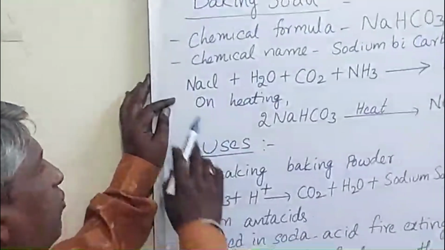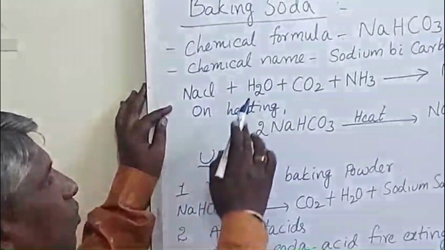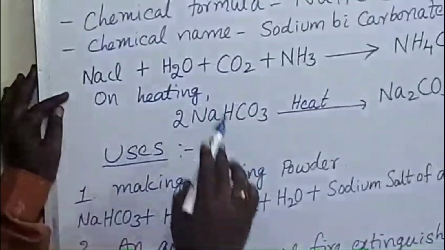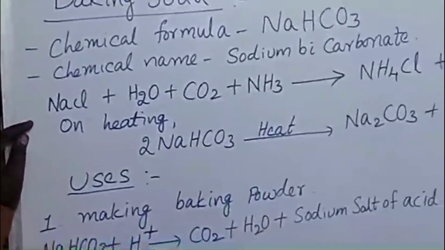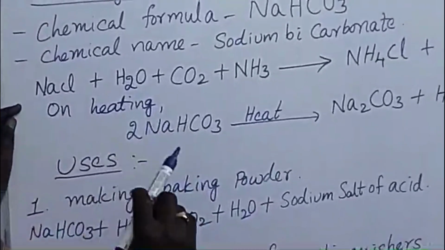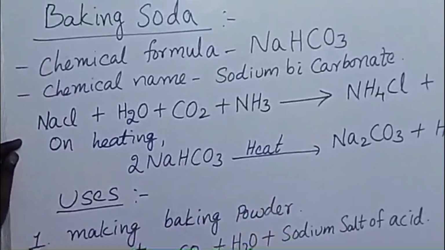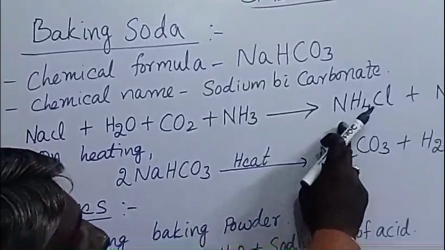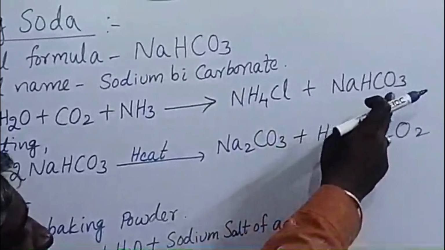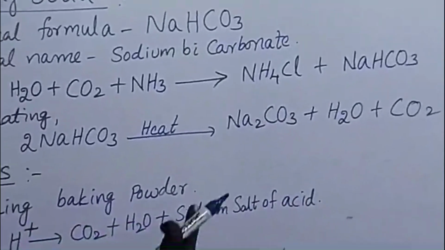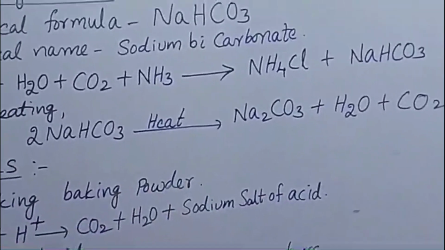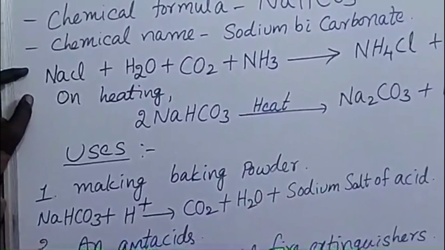We add sodium chloride, water, carbon dioxide and ammonia. All the materials combine with each other and form ammonium chloride and sodium bicarbonate, NaHCO3. This is the preparation of sodium bicarbonate.